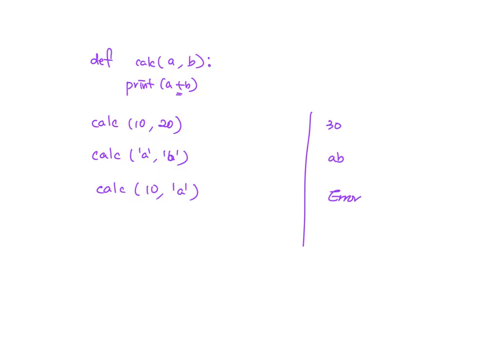So when you define a certain function, the Python interpreter will check the syntax only. The behavior might be different depending on the values of the arguments, but it doesn't matter.